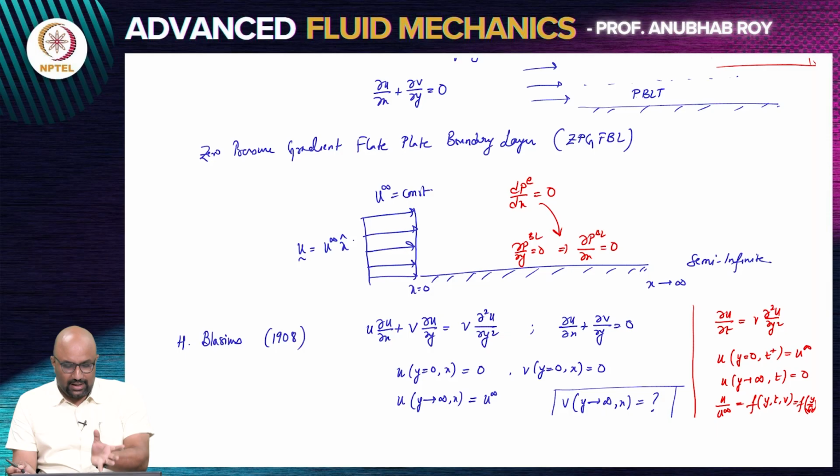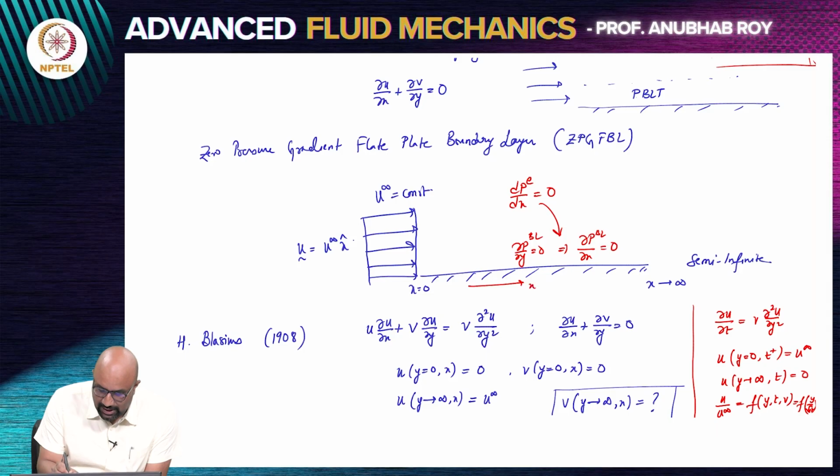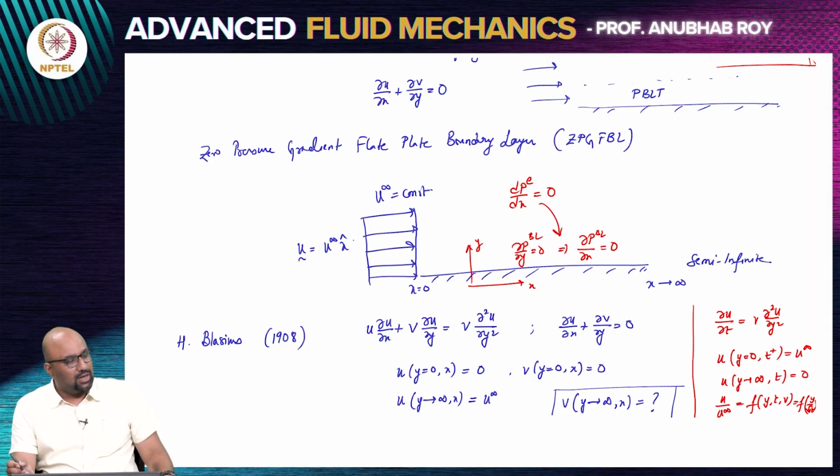Now, if you look at the two problems, there is some degree of an analogy, the point that we have elaborated before, that the x coordinate, this is my x coordinate and this is y coordinate, my x coordinate which is along the plate is like a proxy for time. It behaves like a temporal coordinate. There is an initial condition in x, and there is a boundary condition in y.